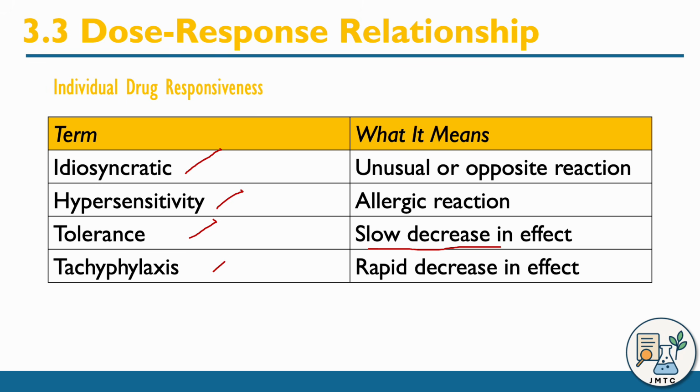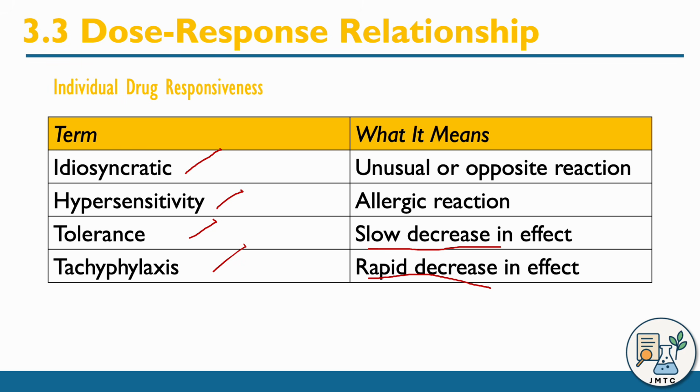And lastly, tachyphylaxis. This is a very fast loss of drug effect. So rapid decrease in effect. It happens quickly, sometimes after only a few doses. So for example, repeated use of nasal decongestant spray. First use, it works.